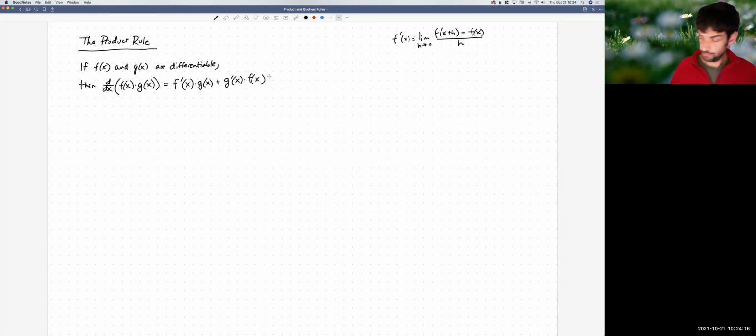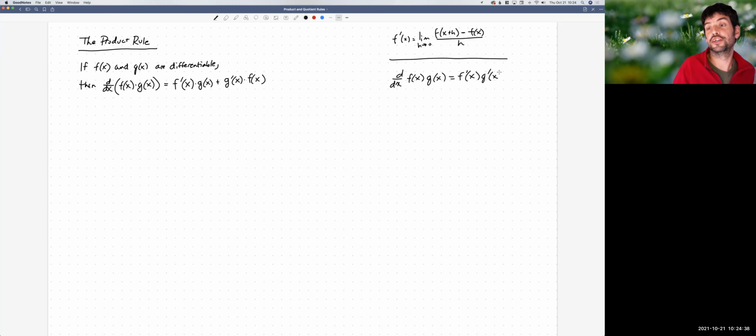So we saw when we took the sums and differences of functions, their derivative was just the sum or the difference of the derivatives. We hoped we might end up with something like this for products, that if you have the product of functions and you take the derivatives, you just take the derivatives of both.